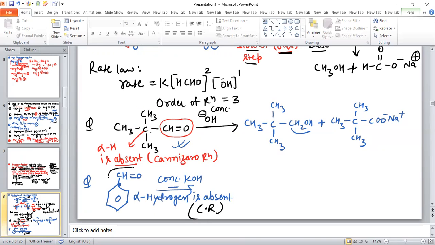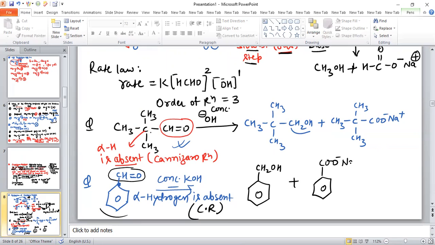So this part, the aldehyde, will oxidize into acid, and this will reduce into alcohol, and the benzene will remain the same because alpha hydrogen is absent. So this aldehyde will be reduced into alcohol, and this aldehyde will be oxidized into the salt of carboxylic acid, COO minus, and if potassium is there, then it is surrounded by potassium.